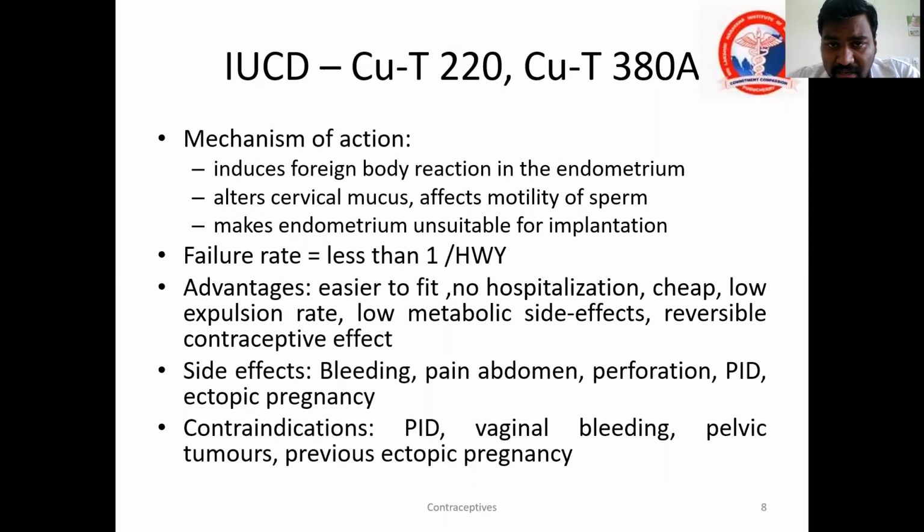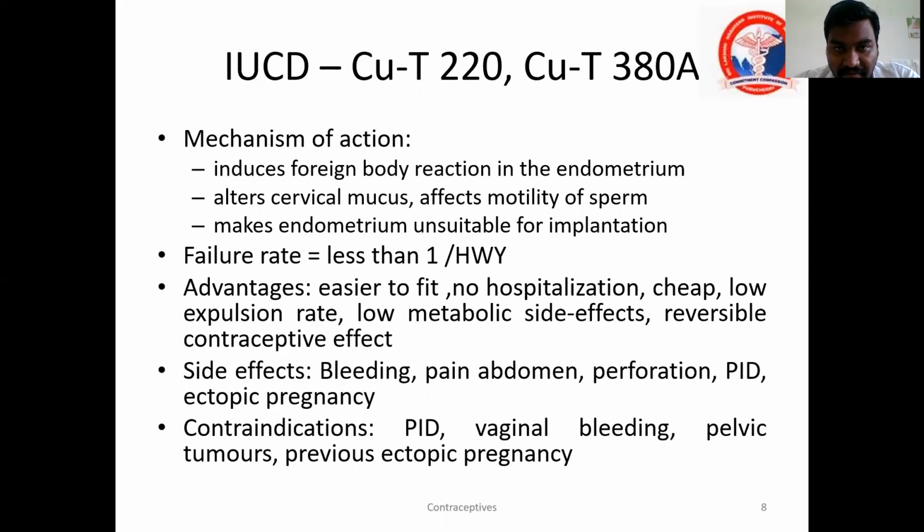The numbers 220 and 380 actually indicate the surface area of copper in the device. Mechanism of action: mainly it induces a foreign body reaction, so that it causes both biochemical and cellular changes.